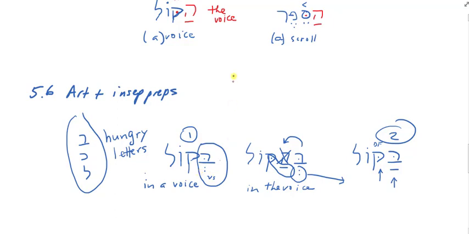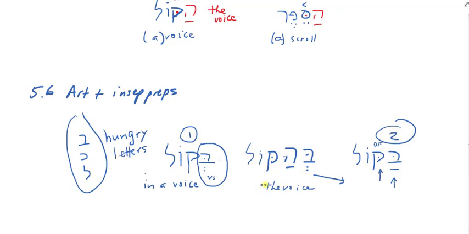Now, let's say I have the word the voice. So I have ha-kol. We just did this up here. Ha-kol. That's the voice. And then I want to add the inseparable preposition to that. This is what you would expect, right?